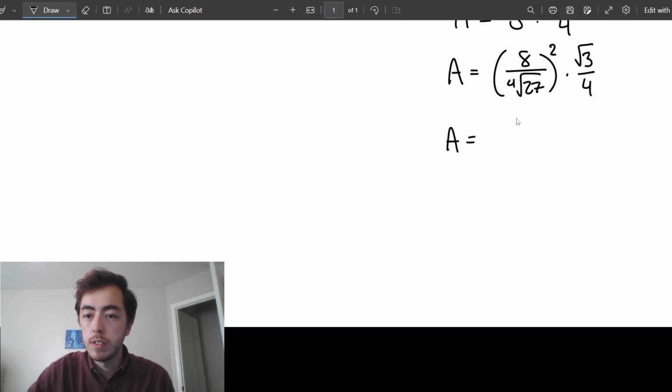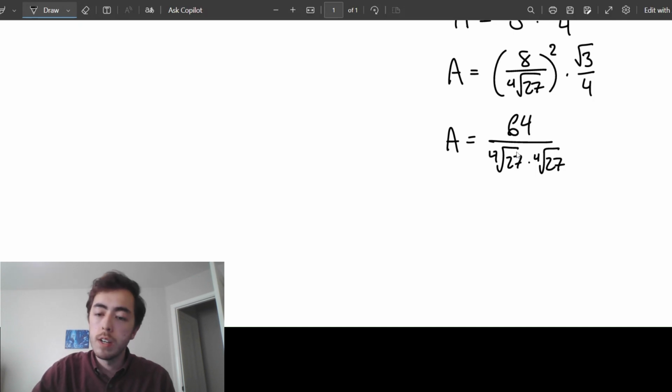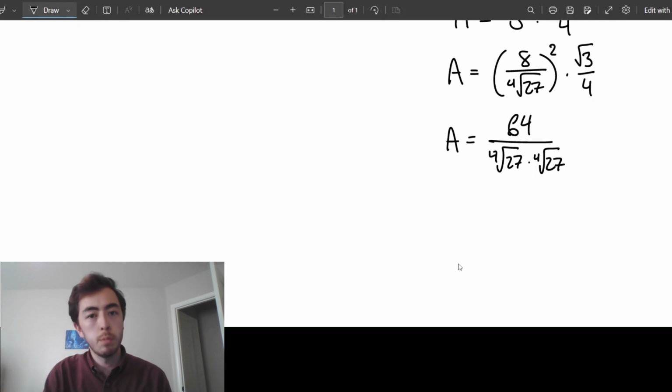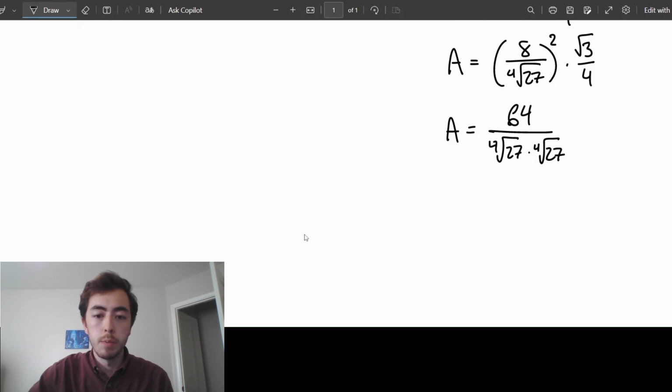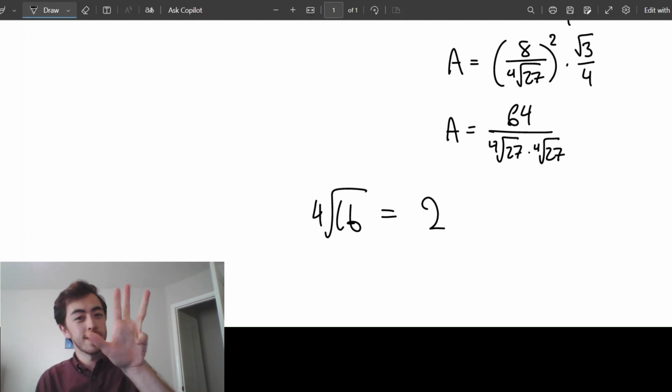With fractions, if you have a fraction squared, you can square the numerator and then square the denominator. For now, I'm just going to take the definition of squaring and multiply that thing by itself. Although I know that if you have two fourth roots and you multiply them together, you get a square root. For example, the fourth root of 16 would be 2, right? Because 2 times 2 times 2 times 2 is 16.